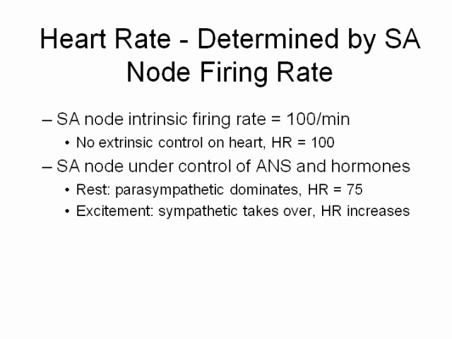So heart rate is determined by the SA node firing rate, the rate of depolarization. Its intrinsic rate, as we talked about in a previous lecture, is about 100 beats per minute, meaning that without any input from the autonomic nervous system, your heart rate would be 100 beats per minute. But your SA node is under the control of the autonomic nervous system as well as hormones.